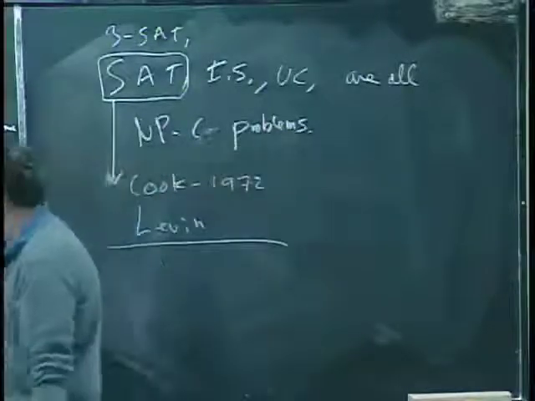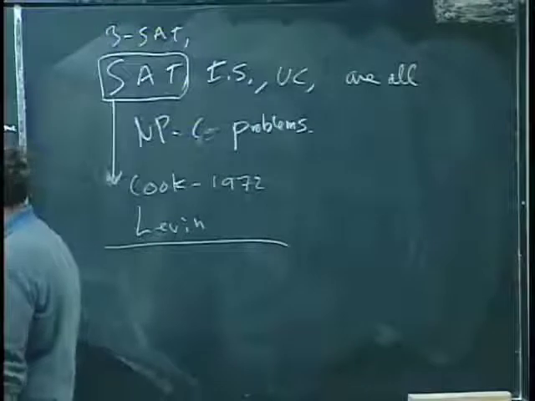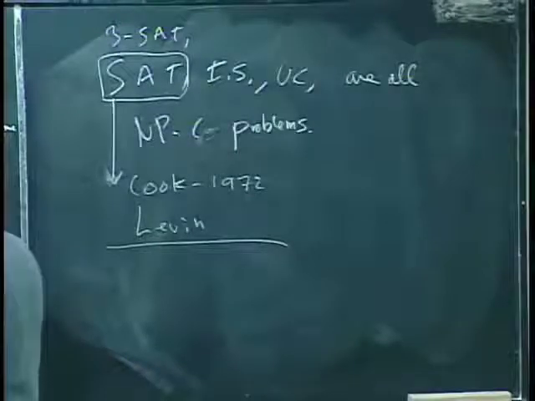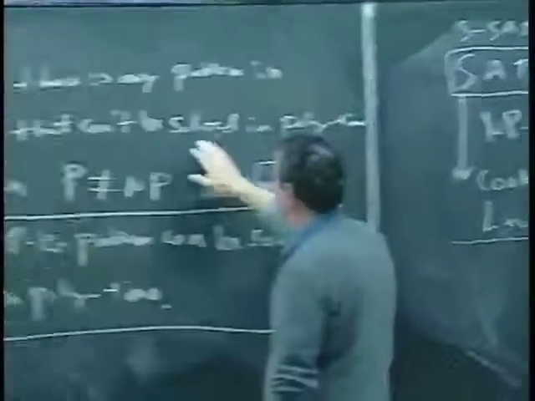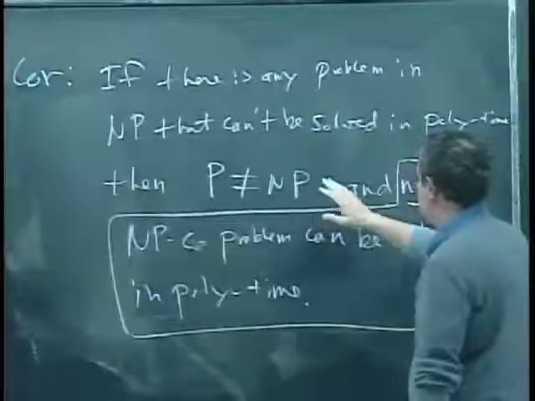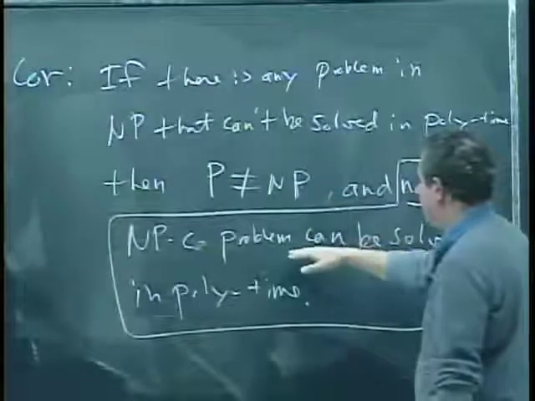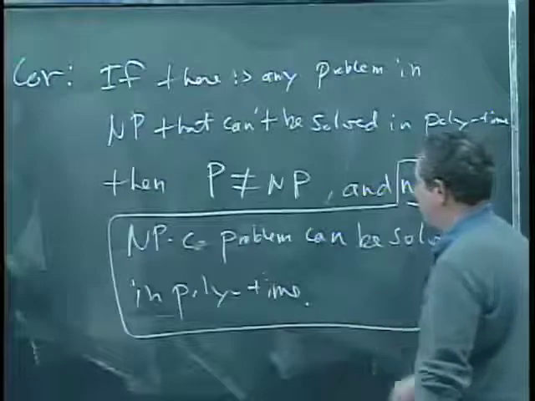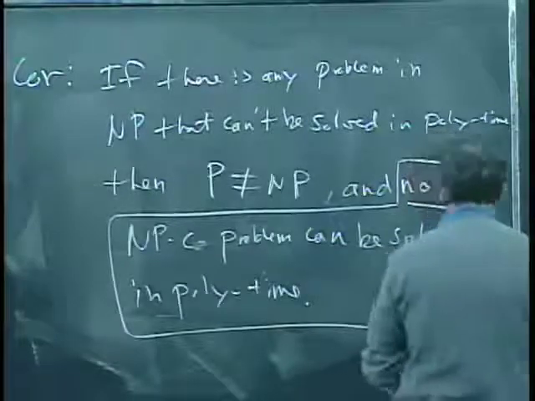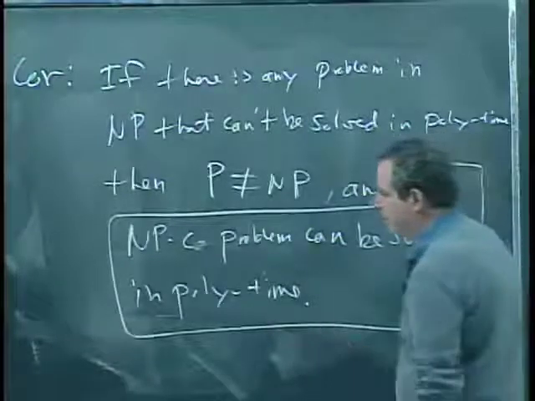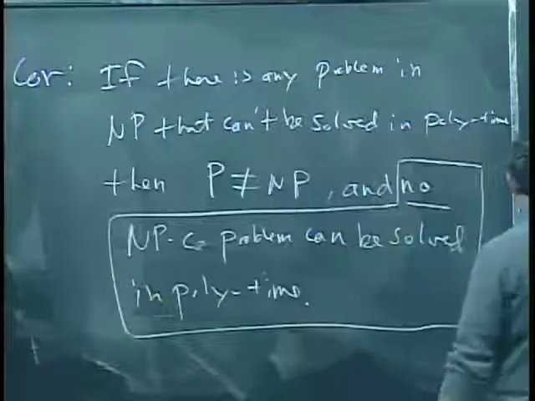We have this implication. If there's any problem in NP that can't be solved in polynomial time, then P is not equal to NP, and no NP-complete problem can be solved in polynomial time. But let me write this another way, and maybe I've already really written this.